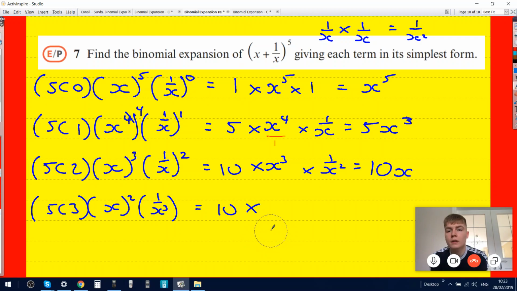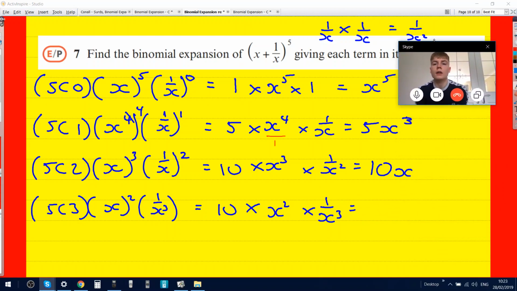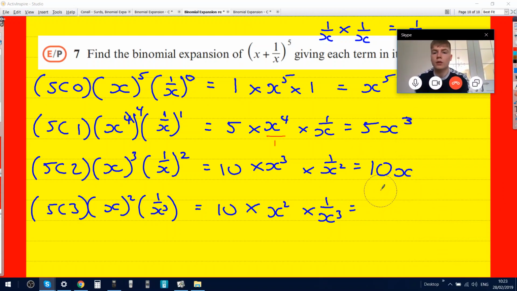Right, 10 times x squared. So that is 1 over x cubed. Is it x squared over 3? So you've got x squared over 1 times 1 over x cubed.